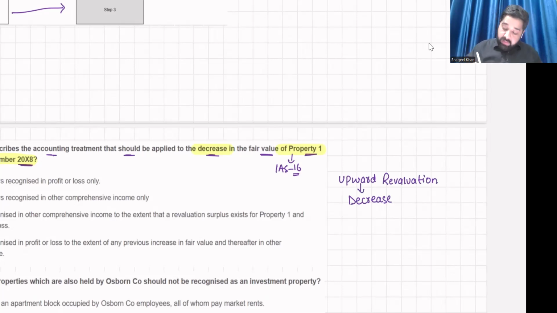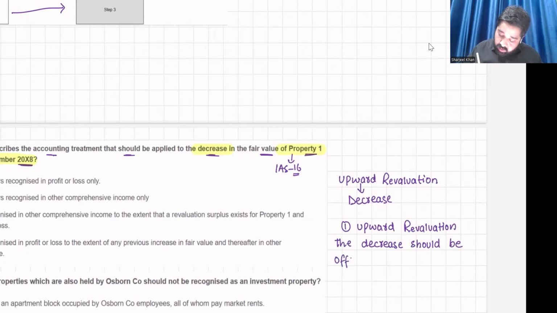Remember, if there is a previous upward revaluation, then the decrease should be offset against any previous revaluation surplus present for that asset.